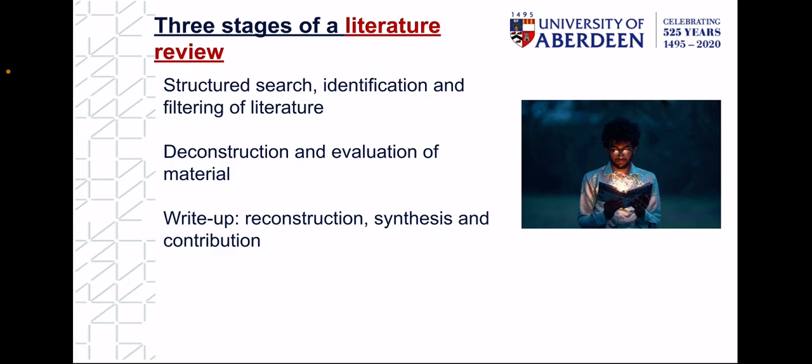Now, in structuring your search, remember every good literature review must be able to address your research problem, right? There is no point reading and doing a review of everything in a particular field. My advice is that your literature review must be specific and it must be tailored towards addressing your research topic or the research problem.